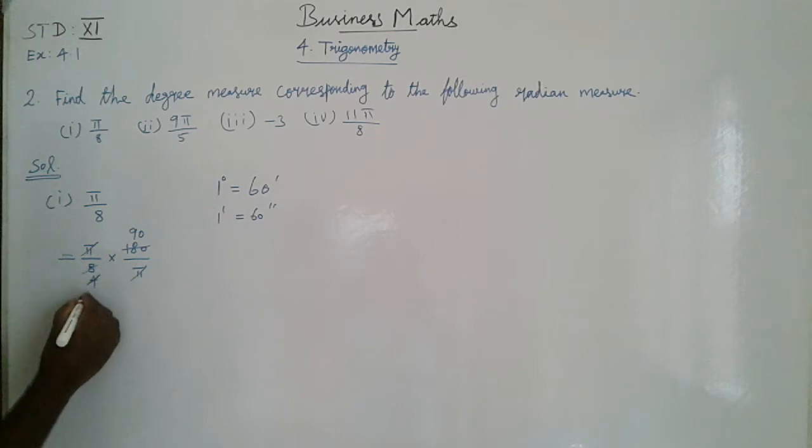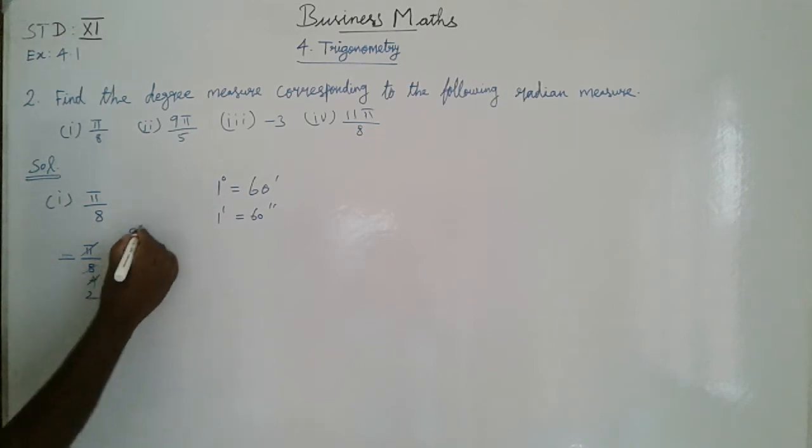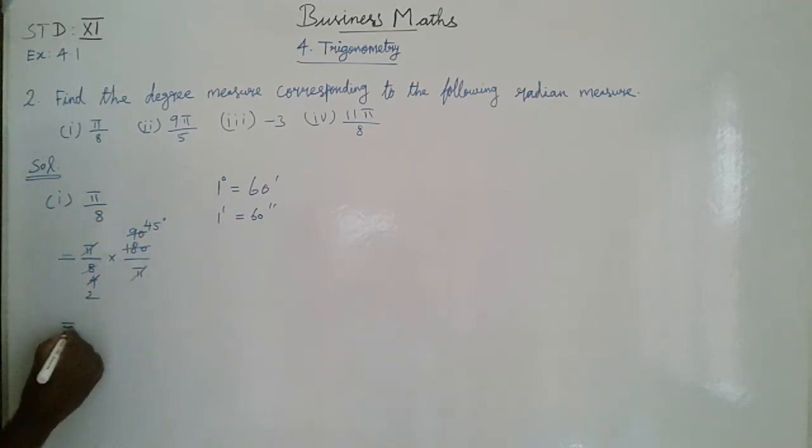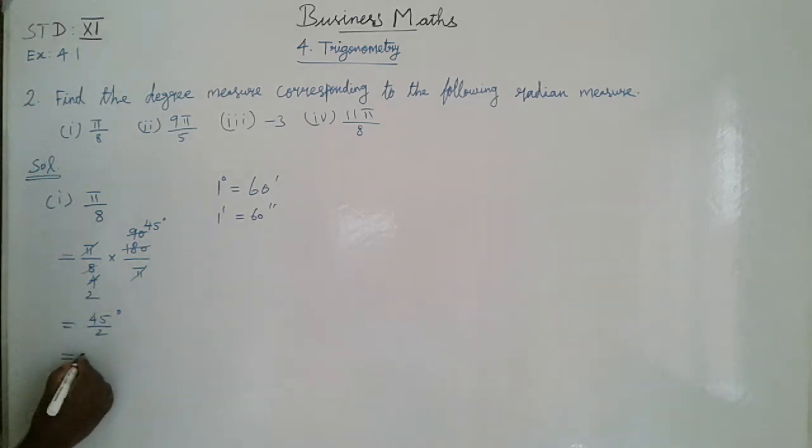Again by 2, 45 divided by 2 degree. We divide: 2 twos are 4, 22 degree.